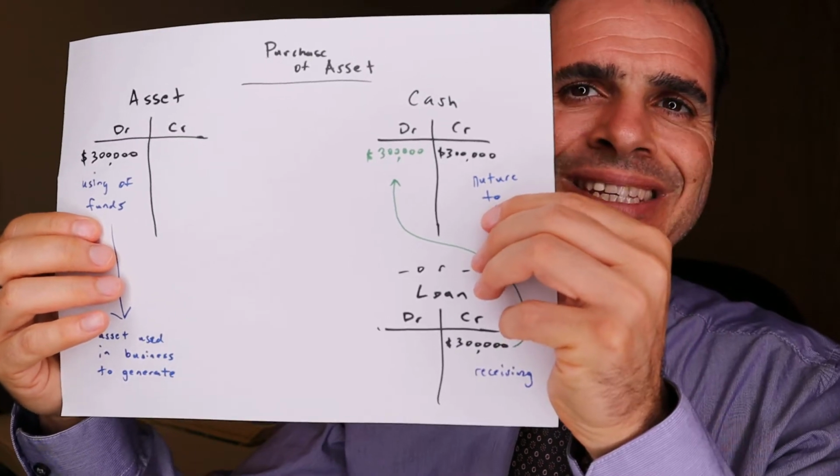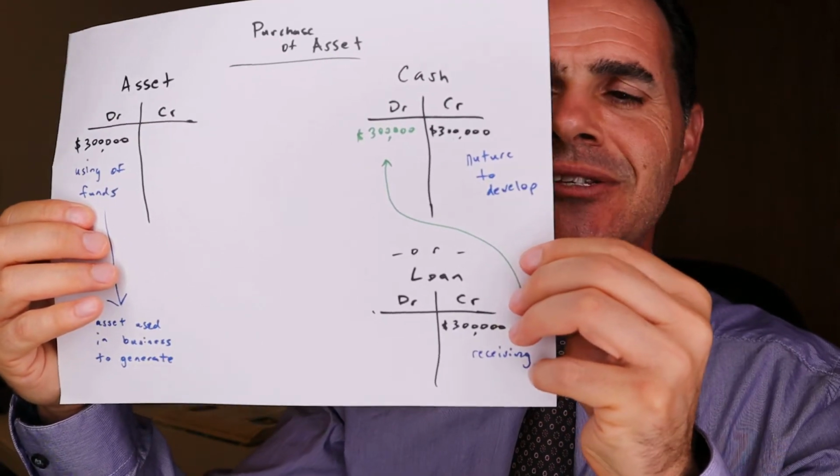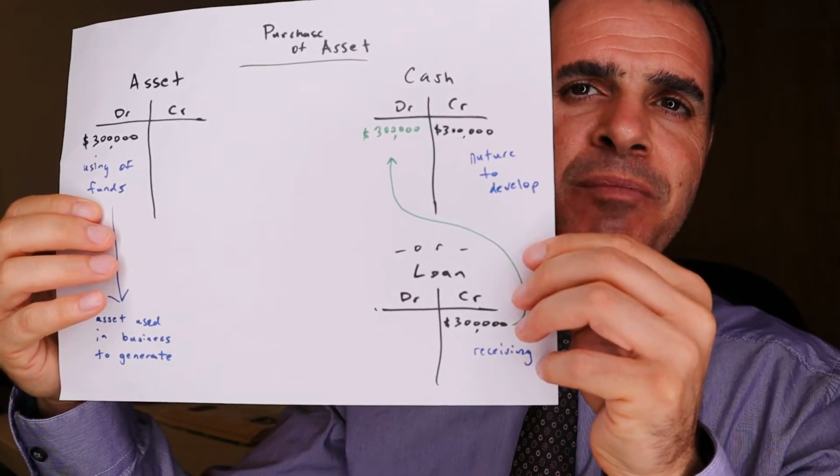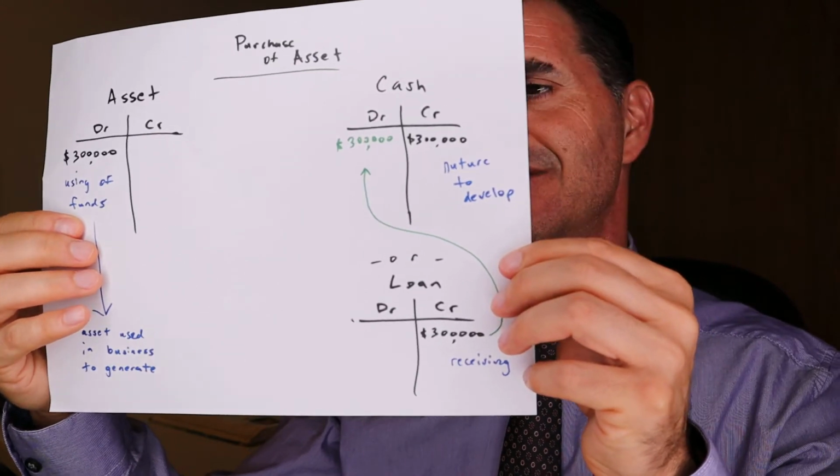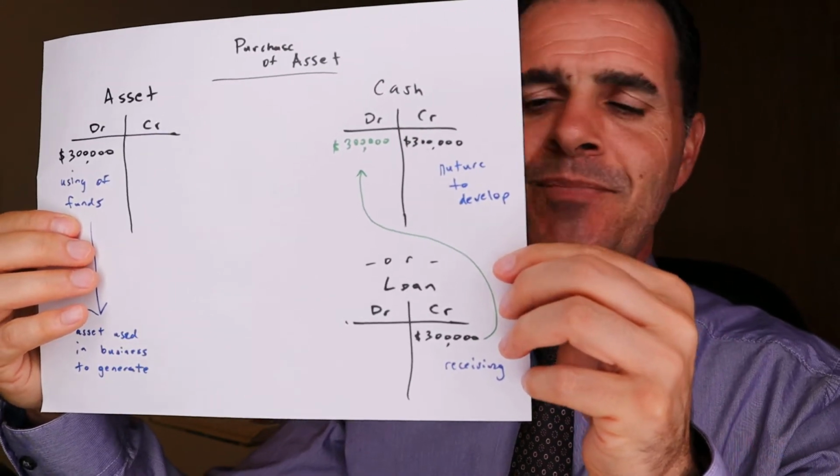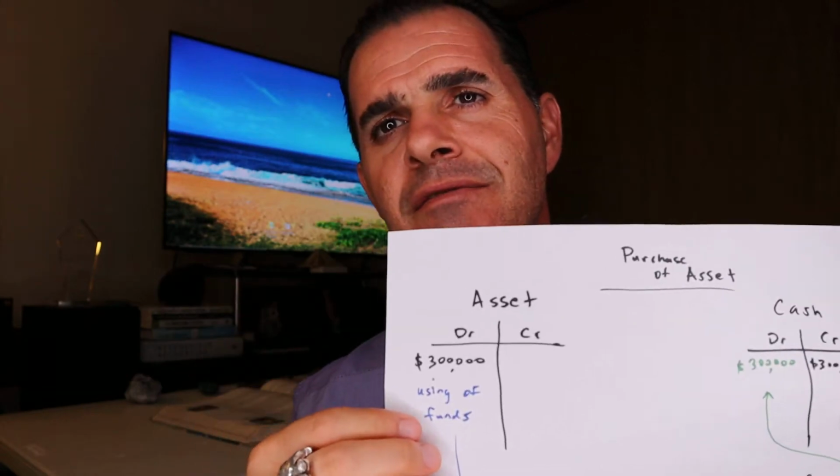The cash account is nurturing the development of the business by using those monies to purchase the asset. So here, very yin, very yang. It's a yang nature idea, assets, but inside, when we dig in, just like we did in the mountain, we find the yin and yang of it. It's not just one thing.